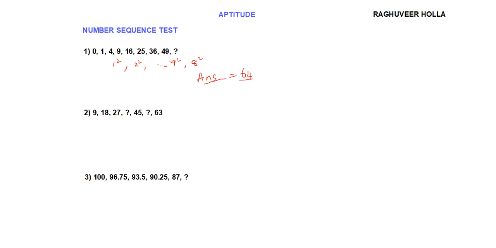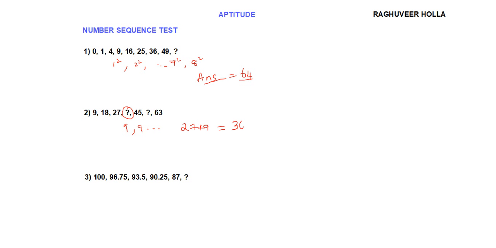Fine. Now let us look at the next sequence which we have here. In that you have 9, 18, 27 and so on. If you look at this, the difference is 9. Again, the next difference is also 9 and so on. So now 27 plus 9, I want to find the first missing number, that is 27 plus 9, so that gives 36.